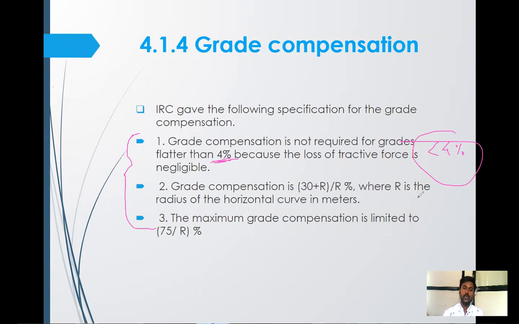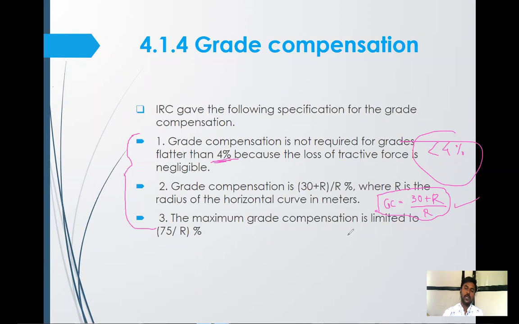Write down the formula for that. Grade compensation is equal to (30 + R) divided by R. This is the formula for calculating grade compensation.